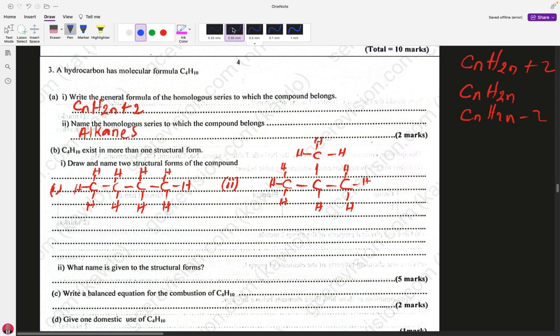In this first one there is no branching, so with 4 carbons it is normal butane, n-butane. Again, to name the second one, let's start numbering from this end: carbon 1, carbon 2, and carbon 3.